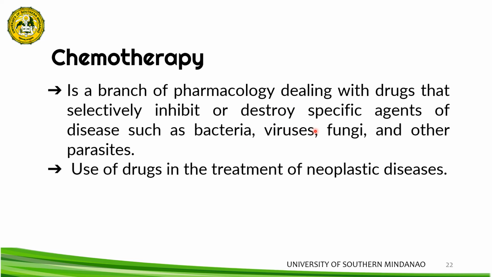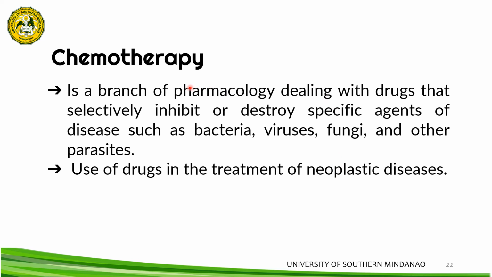For viruses, we also use antiviral agents. For fungi, we use antifungal agents. And for parasites, of course, we use antiparasitic agents. For diseases that are cancerous in nature, of course, we use the anti-neoplastic drugs.